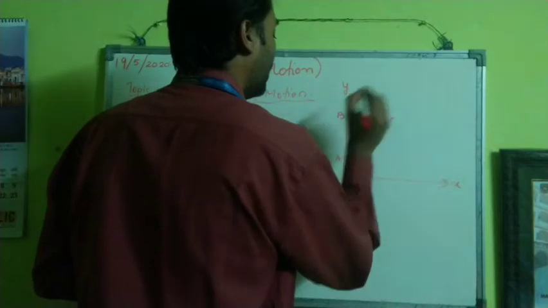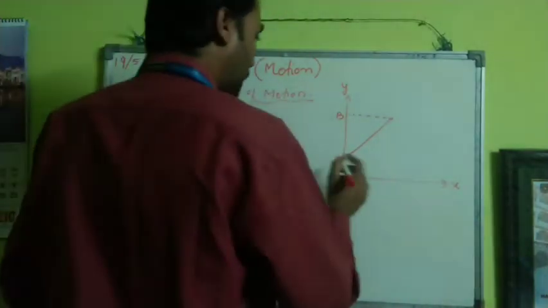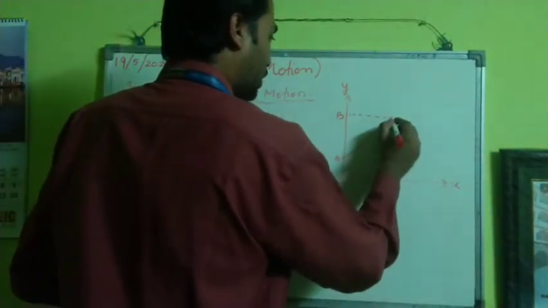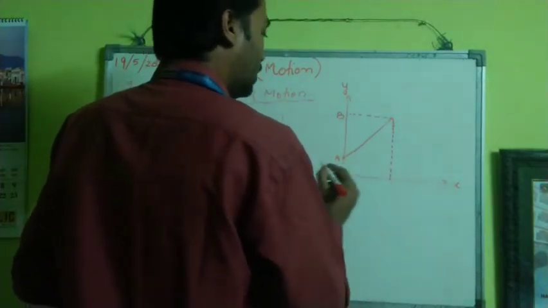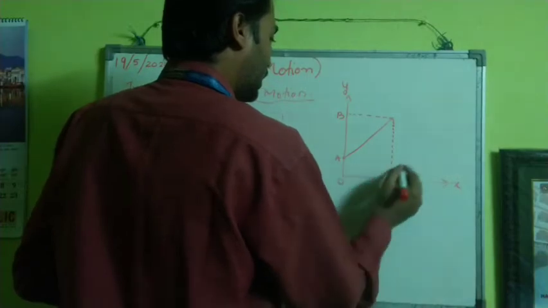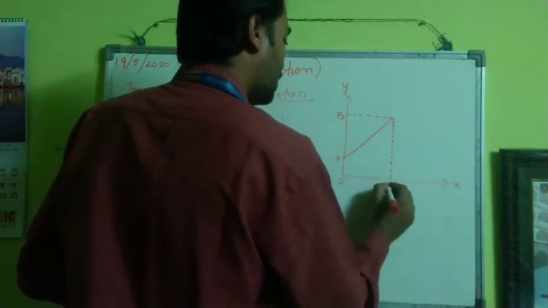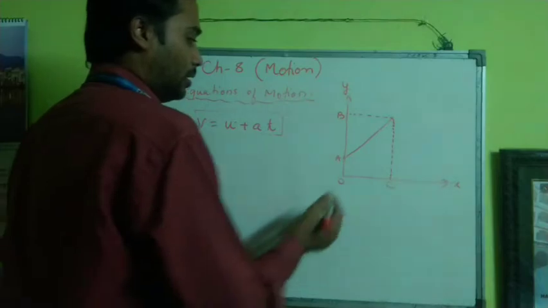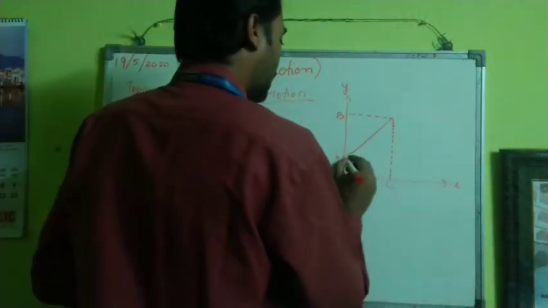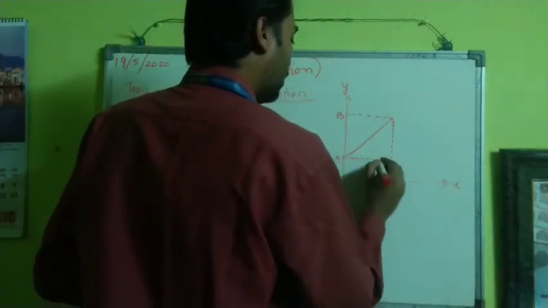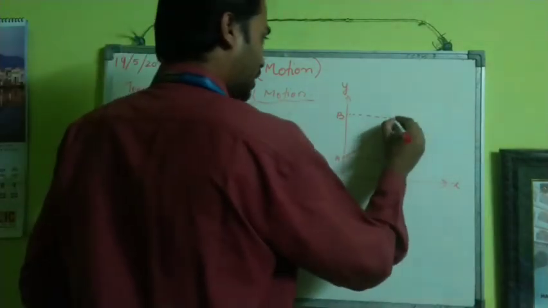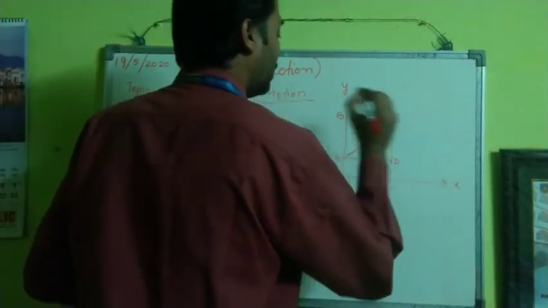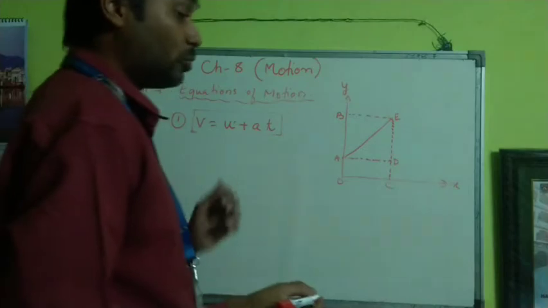So let this be point B. Now let us draw a perpendicular to the x-axis from this point, and let this point be C. Let us draw a parallel line to OC, and let this be denoted with point D, and let us consider this point as E. So our graph is almost ready.